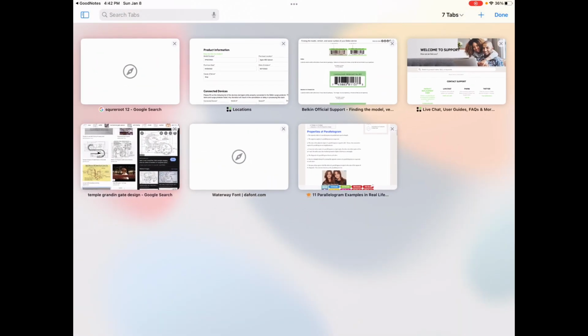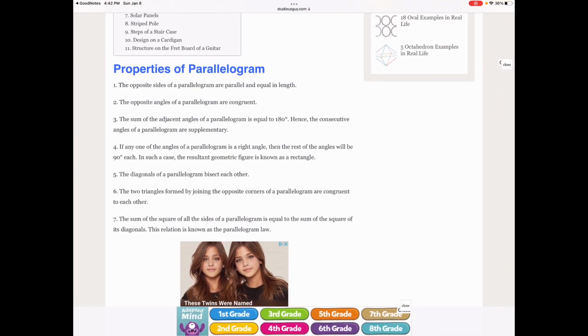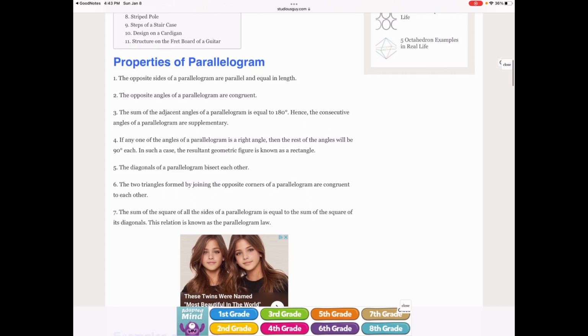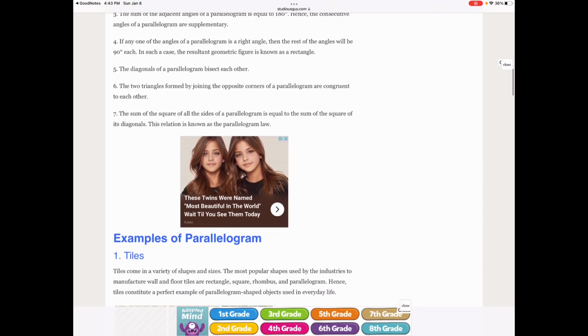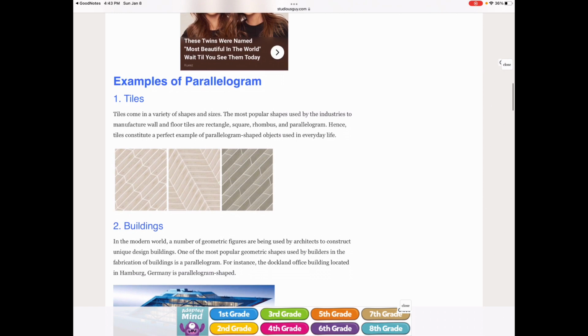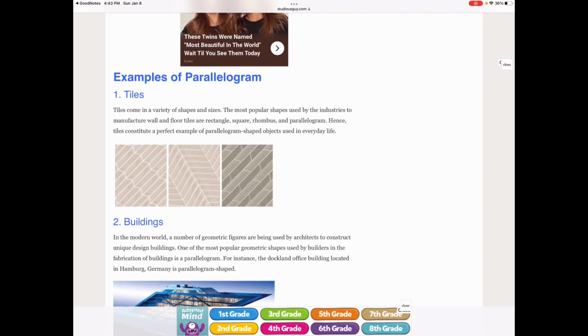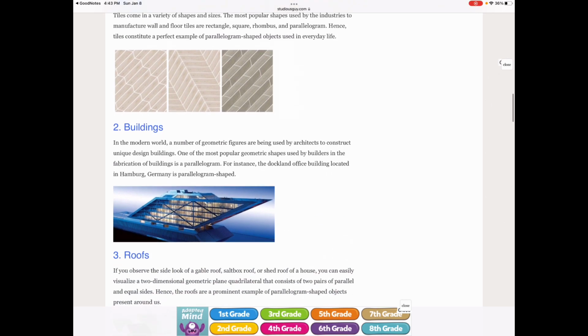The properties of parallelograms, which we just went over, and you can read, it looks like they have more than just the ones that we went over, so you can read those properties if you'd like. We have tiling, so we can use parallelograms in tiling floors. They use it in architecture.